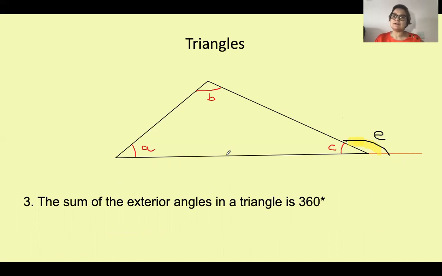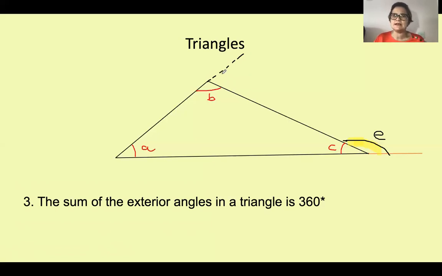Now, again, let me explain more clearly the exterior angle. Which one is an exterior angle? Right, to find the exterior angle, you extend one side of the angle. For example, for angle B, I'm going to extend this side a little bit outside. Now, some of you might ask, which one is going to be the exterior angle?